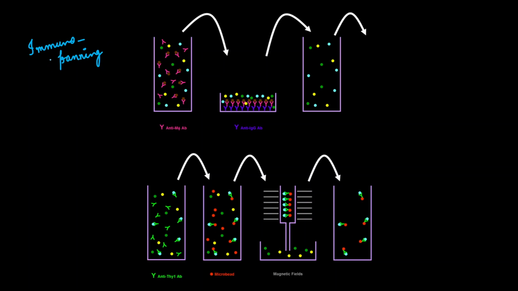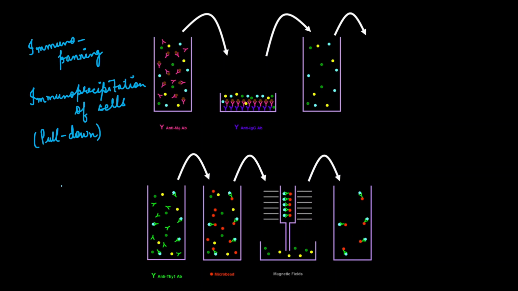Immunopanning is basically a technique which utilizes immunoprecipitation of cells, not of a protein but of cells. What does immunoprecipitation mean? Another name for immunoprecipitation is pull down.